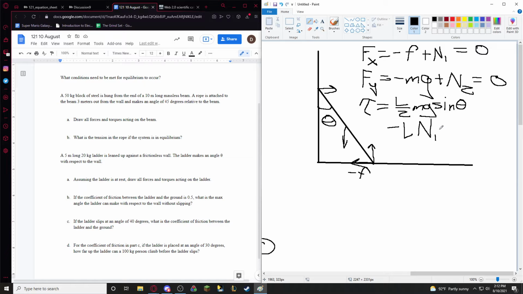What would be the angle between them? That would be 90 minus theta. Is there another way of saying 90 minus theta? We usually use alpha, right? Yep, so we have the sine of 90 minus theta. Oh, cosine theta? Yeah, cosine theta.